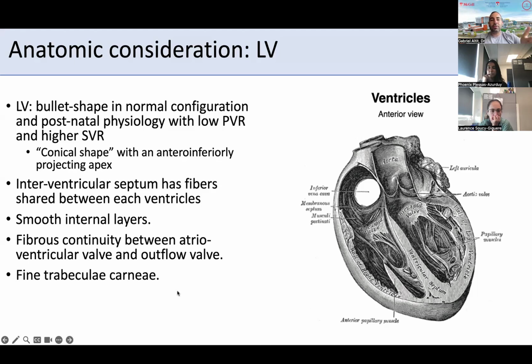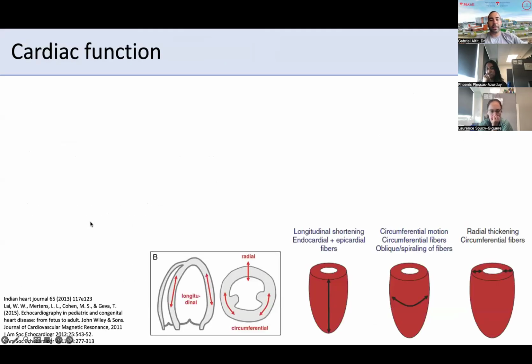Because they share fibers and electrical wiring, and the LV is dependent for its preload on what's happening on the right ventricular side and eventually in the pulmonary blood flow, once you start having failure on your RV compartment, or vice versa on your LV compartment, you're going to impair the other side eventually too. So you have to keep an eye on that.